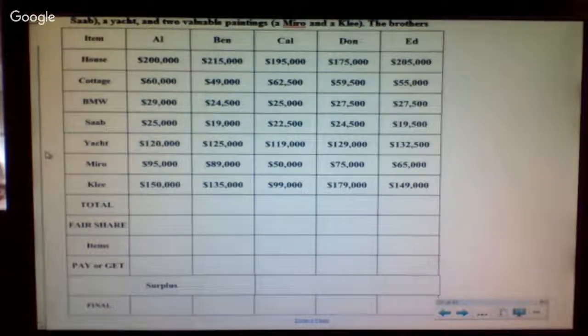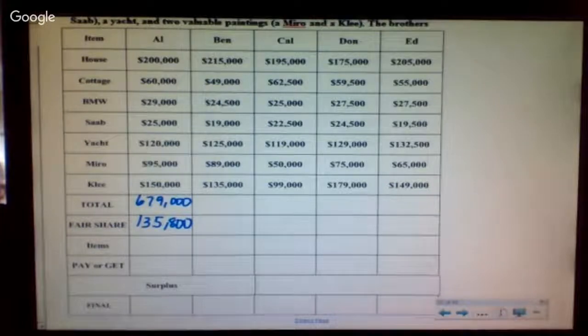Have we gotten totals and fair dollar shares? What is Al's total? $679,000. God, I wish I had that kind of money. That is more than half a million. Which means his fair dollar share is 135,800.